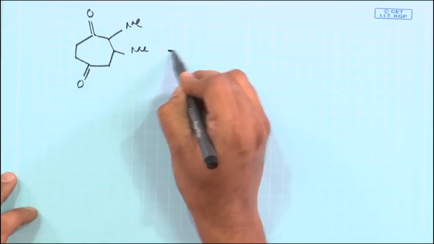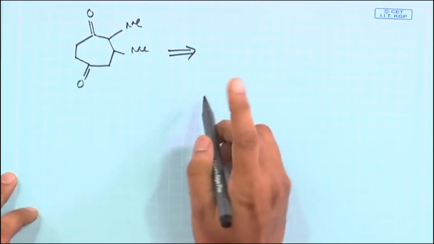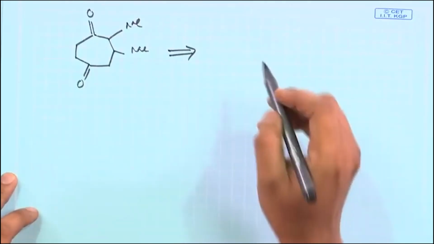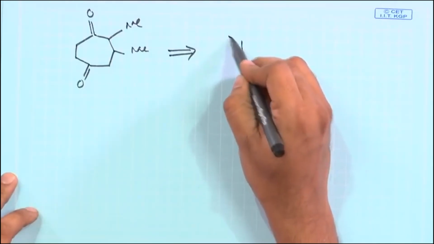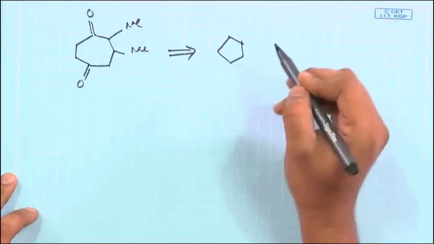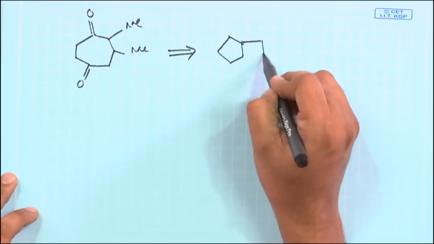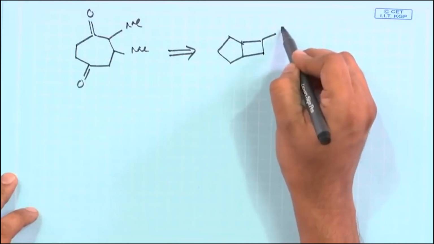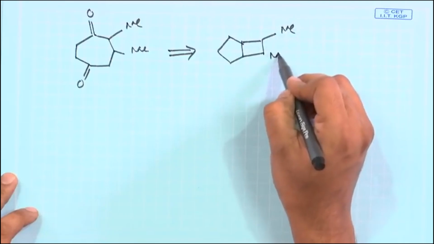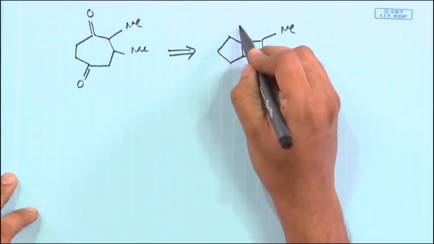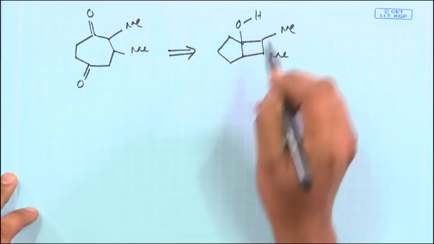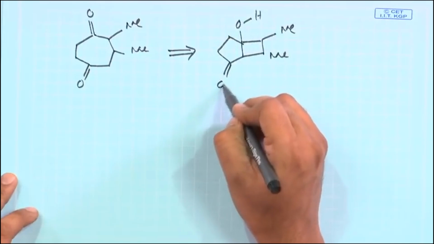So, by keeping in mind a 7 member ring is a combination of 5 member and 4 member ring, we possibly can do a retro. See the retro very carefully, can possibly do a retro based on this kind of transformation.